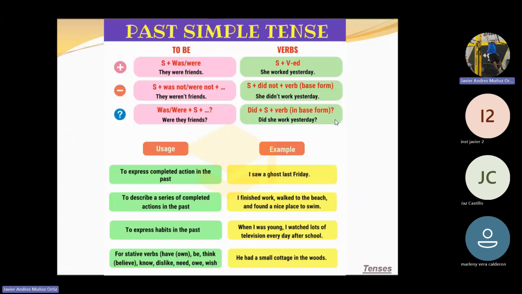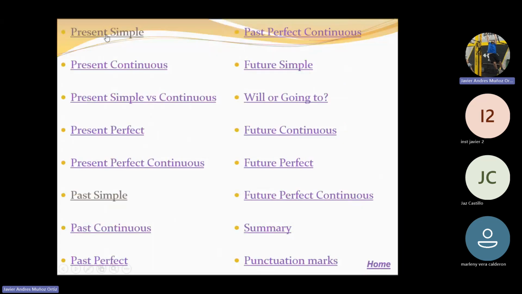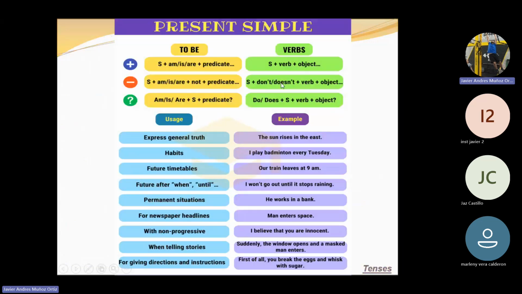If we compare simple past tense to simple present tense, they are incredibly similar in terms of grammar, because we need a person who performs an action in present and a person who performed an action in past. The main difference is seen in the verb.